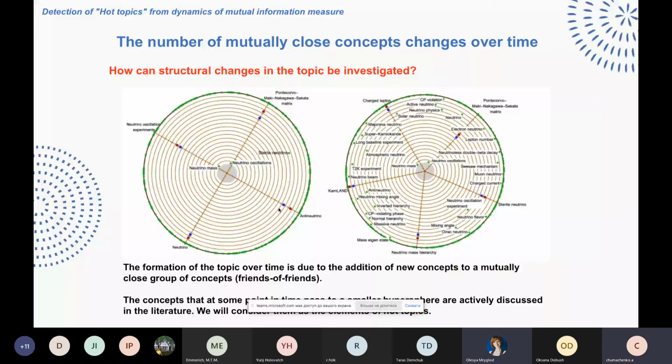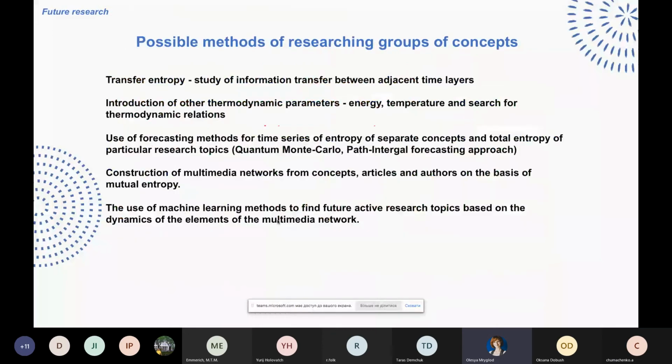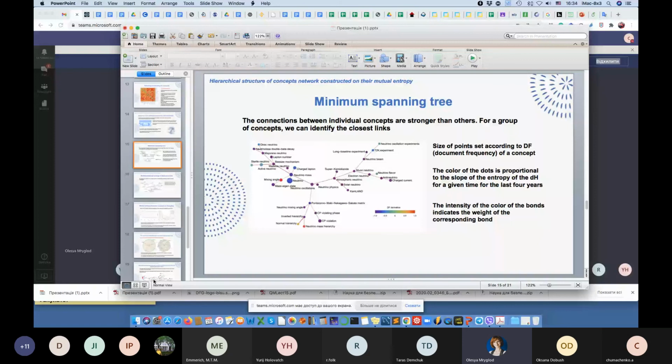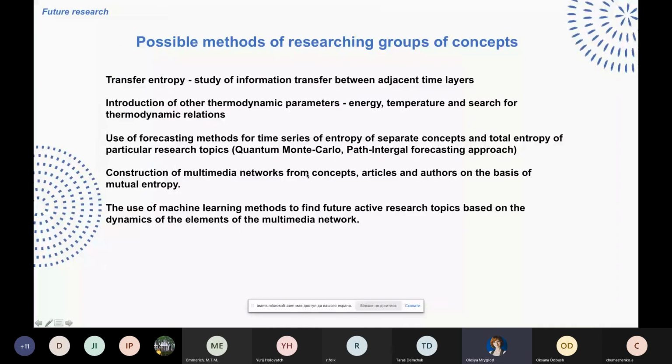I have just a suggestion, maybe, or a comment. You mentioned that you plan also to build multi-layer networks to take into account the information about authors, on a paper level, of authors, etc. It came to my mind that maybe you know this paper in Nature about the so-called disruptive index.